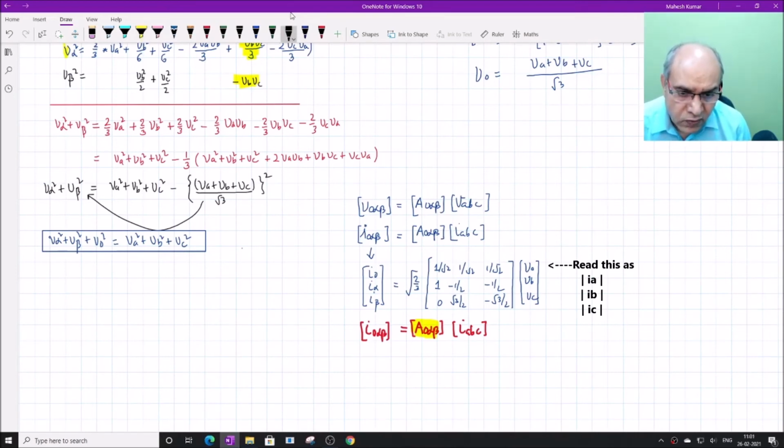We can write VABC therefore equal to A0 alpha beta inverse into V0 alpha beta.